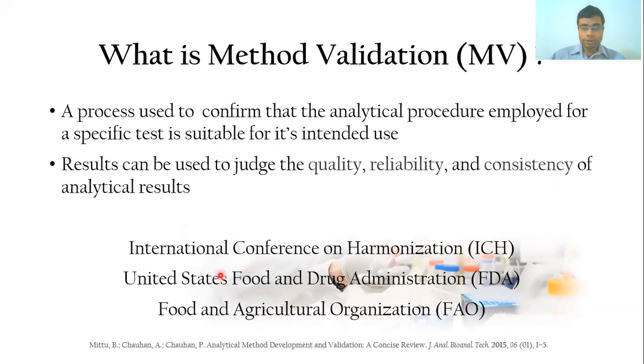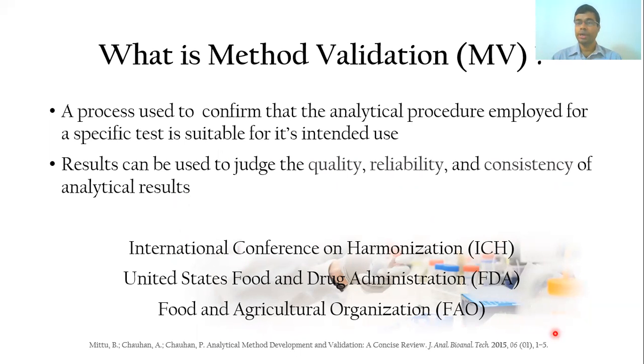Now, three of such organizations and areas that we are interested in our research are ICH, that is International Conference of Harmonization, the United States Food and Drug Administration, FDA, and the Food and Agriculture Organization, FAO.